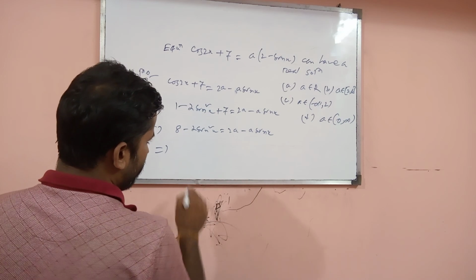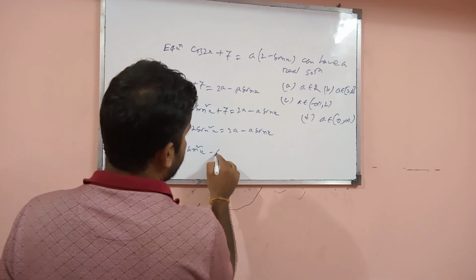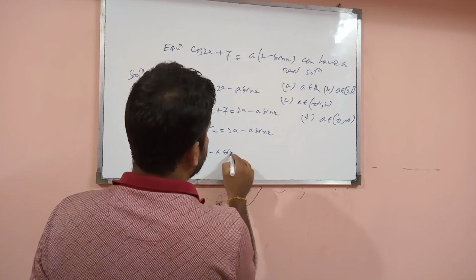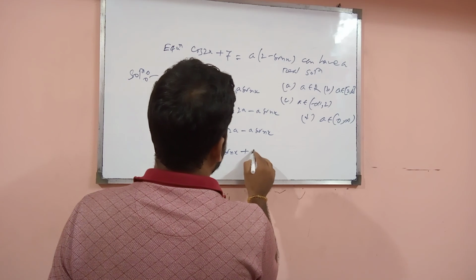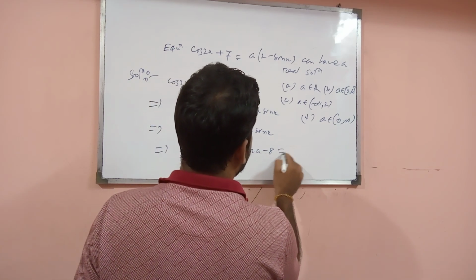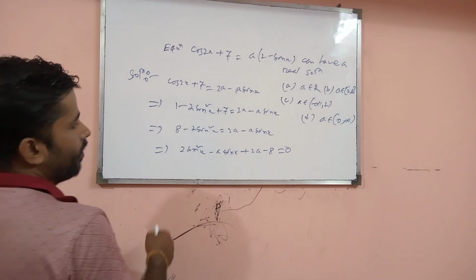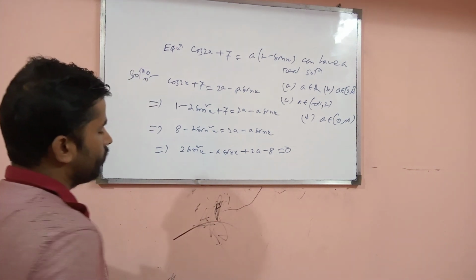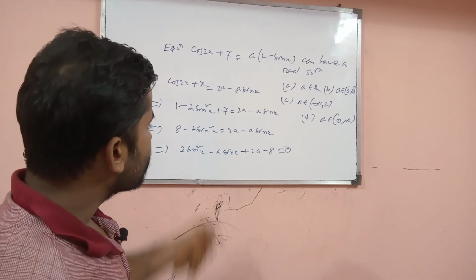So it can be written as twice sine square x minus a sine x plus twice a minus 8 is equal to 0. So it is obvious that it is a quadratic equation in sine x.